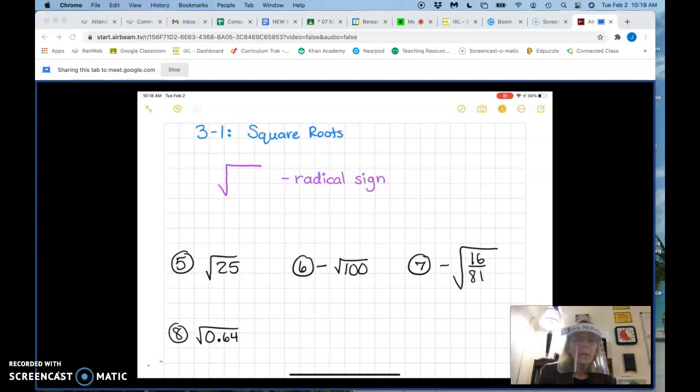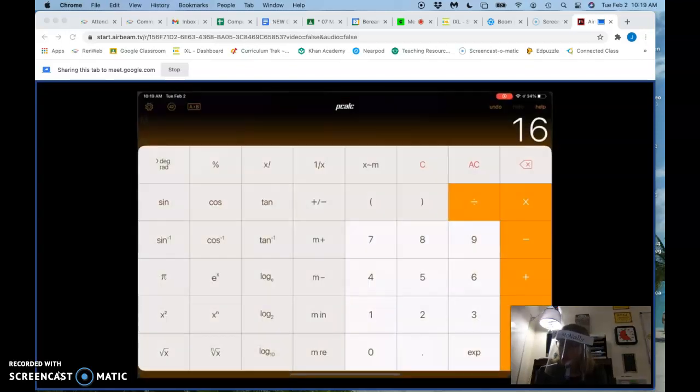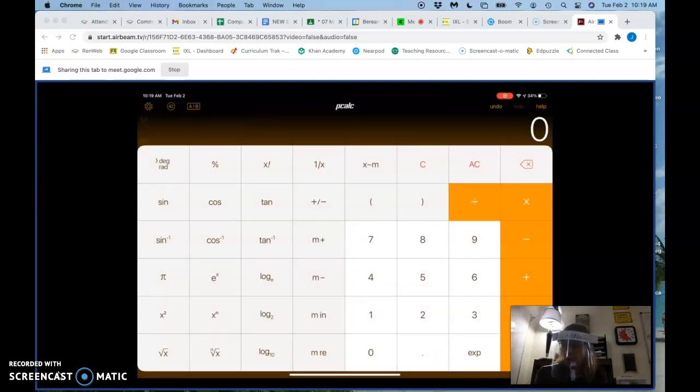And we are going to either do it by thinking about what the answer would be if we know our times tables really well, or by using a calculator. So, does anyone know what number you can multiply by itself to equal 25? 5. Yes, it is 5.